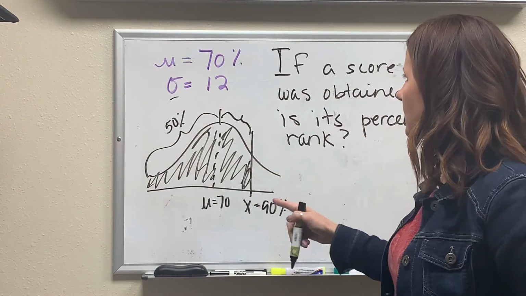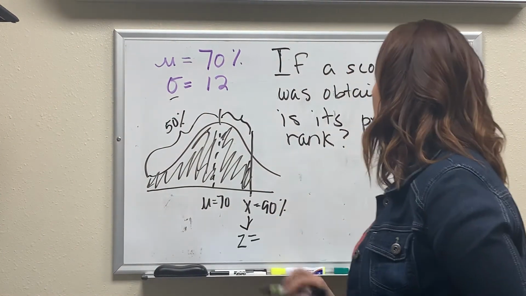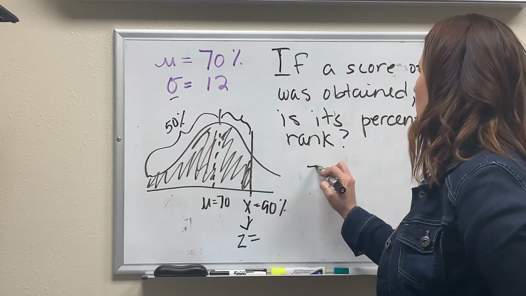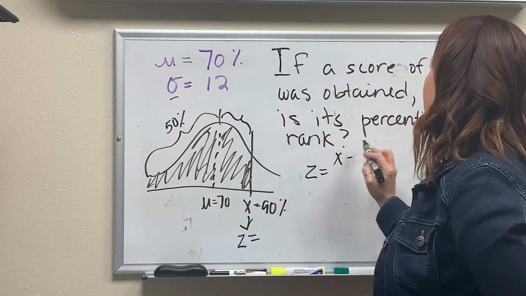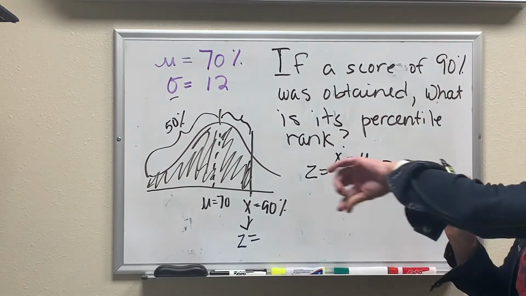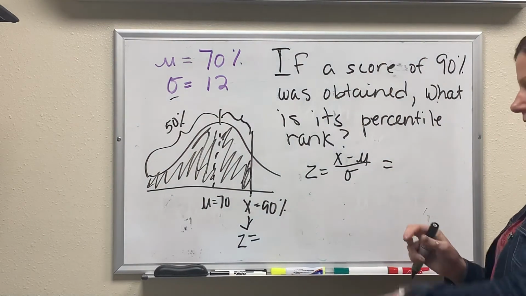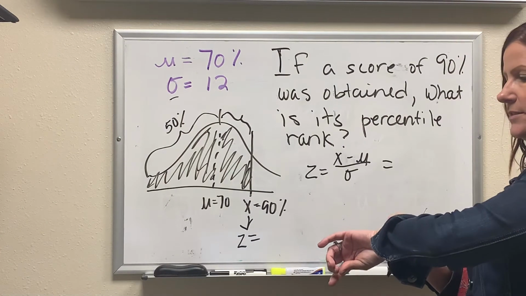So first we need to find the z-score. Okay? So we need to use our z equation, which is x minus mu over standard deviation. Excuse me, I'm making sure that we're still recording.